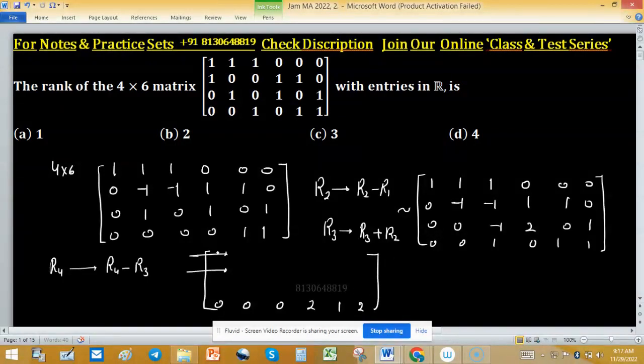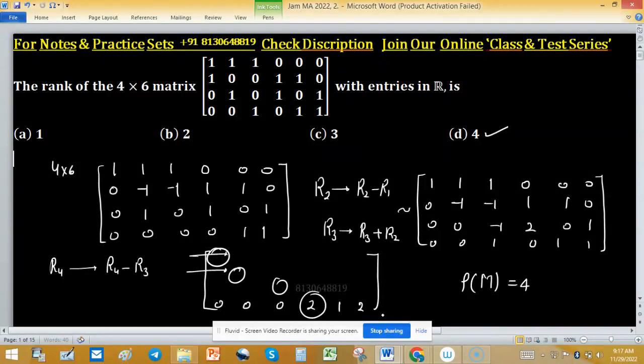The first entry of the first row, the second entry of the second row, and the third entry of the third row are pivot elements, and in the fourth row, this is the pivot element. So we are getting 4 pivot elements. So the rank of this matrix, call this matrix M, is 4.